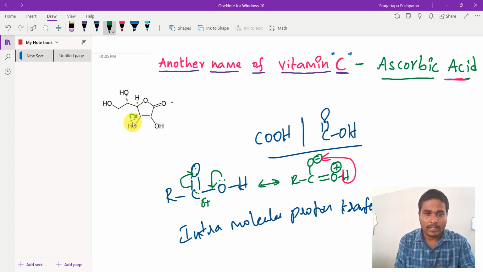When this lone pair of electrons is shifted towards this CO bond, these pi bond electrons will be shifted towards the adjacent CC bond. Because of that, these pi bond electrons will be shifted towards oxygen. So when these things happen, this oxygen gets a complete negative charge, and this oxygen gets a partial positive charge. So because of that, this proton will be lost, and this proton will be transferred from this oxygen to that.